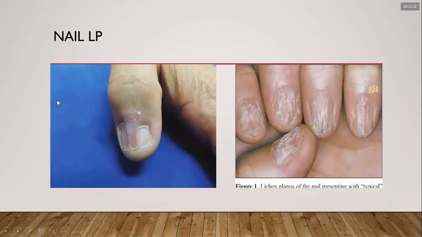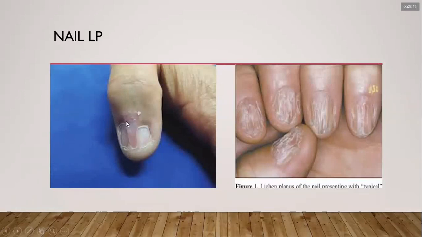These two pictures show a case of lichen planus, and this is a typical pterygium formation. Sometimes you can get such pictures as a spotter, so you should be able to say that this is pterygium formation, which is seen in nail lichen planus.